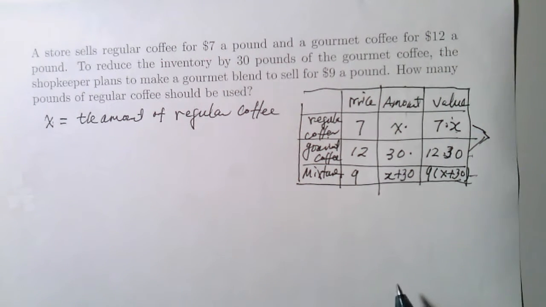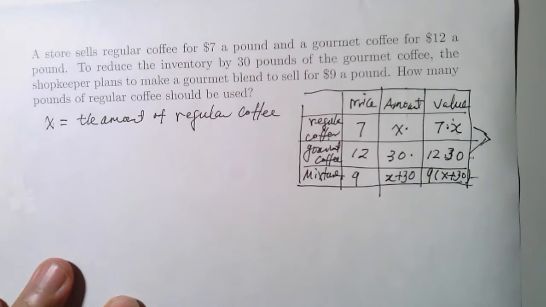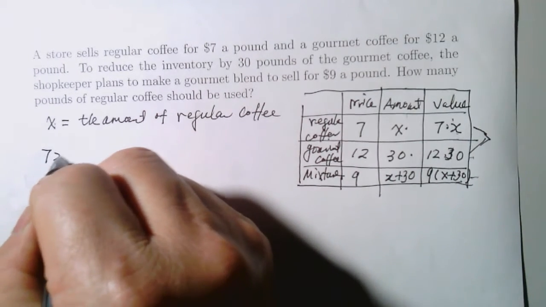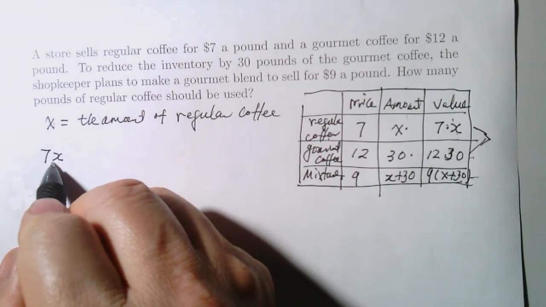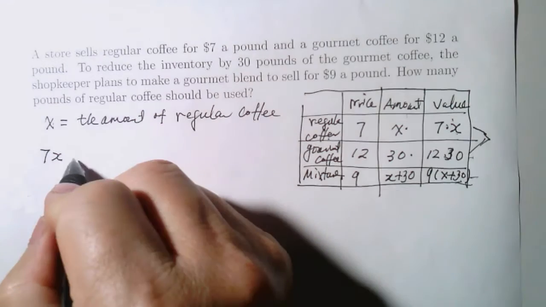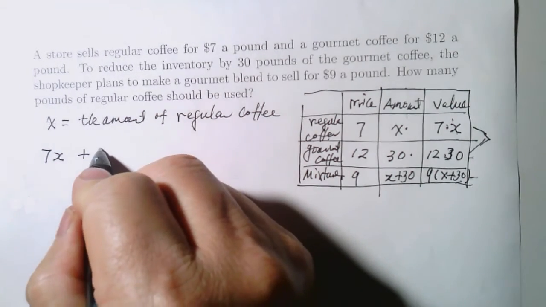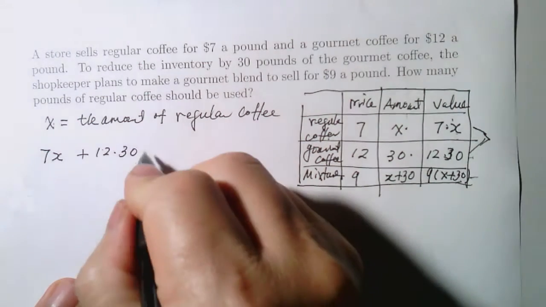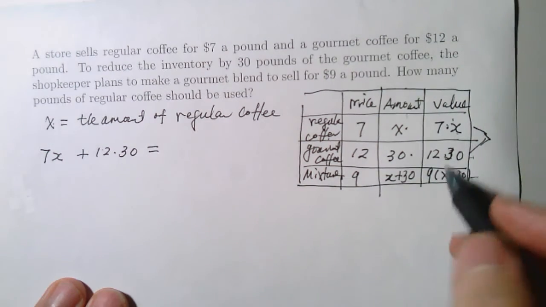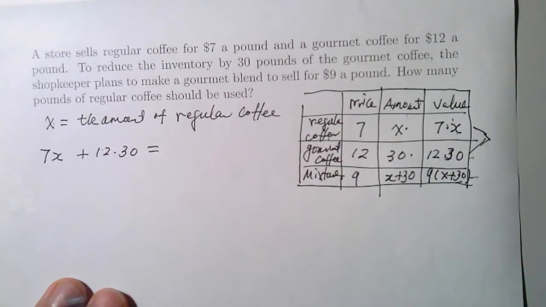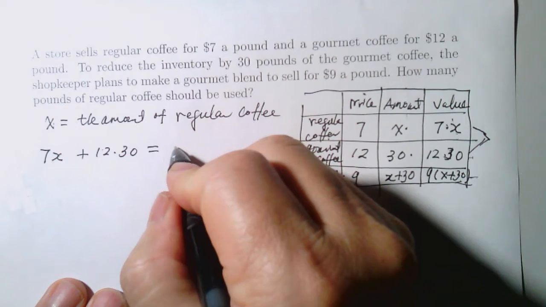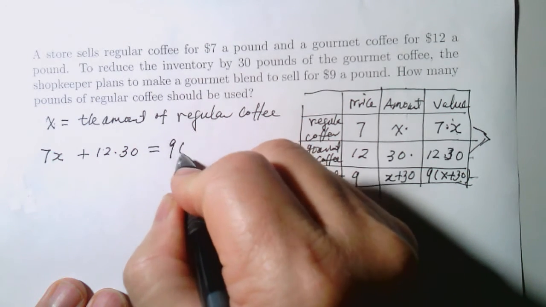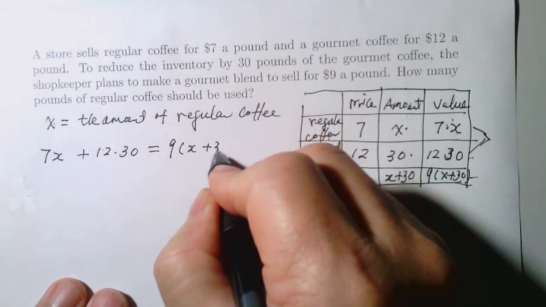So we write the equation: the regular coffee's value plus the gourmet coffee's value equals the mixture, with amount X plus 30, so $9 times X plus 30.